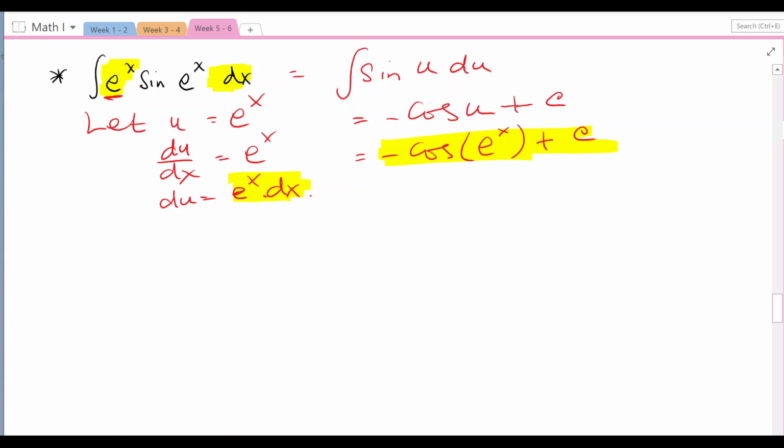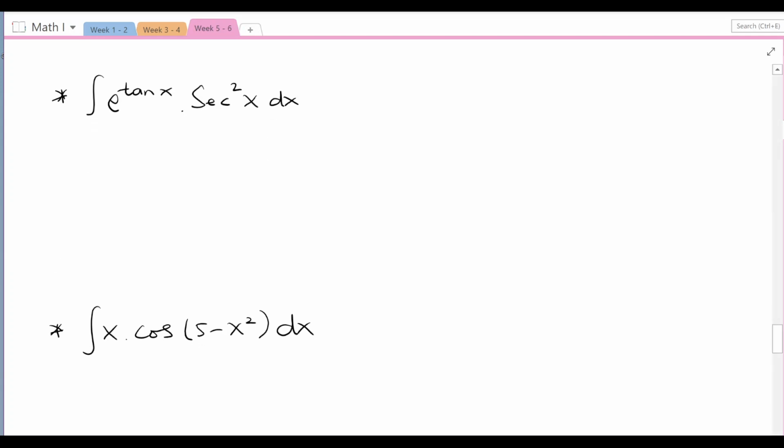And let's see another one. Integral of e to the power of tan x times secant x squared with respect to x.